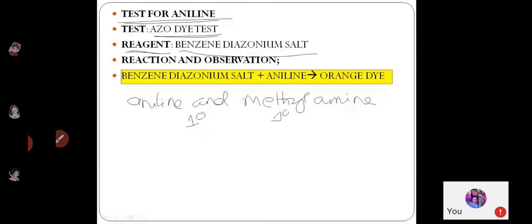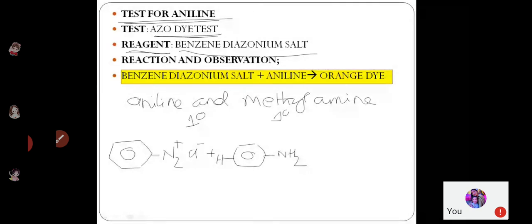So the benzene ring with diazonium salt, N2 plus and Cl minus, reacts with aniline, NH2, at the para position hydrogen. The hydrogen and Cl are removed as HCl, and you will get an azo product: N double bonded N, with the benzene ring and NH2 at the para position.